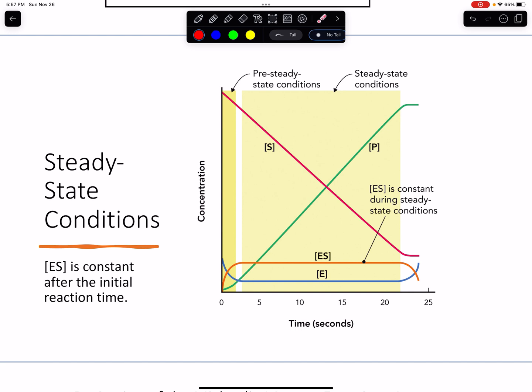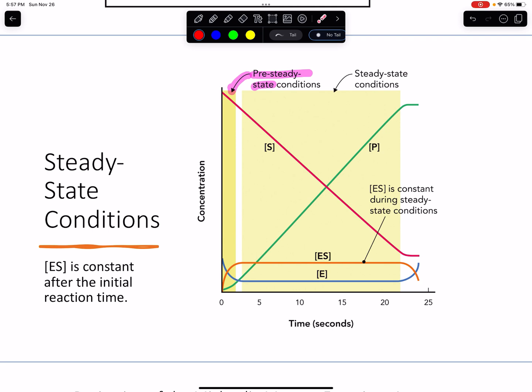This first yellow region here is called pre-steady state. What's happening here is that the substrate and the enzyme are diffusing and finding one another initially. And then we get enzyme-substrate complex.